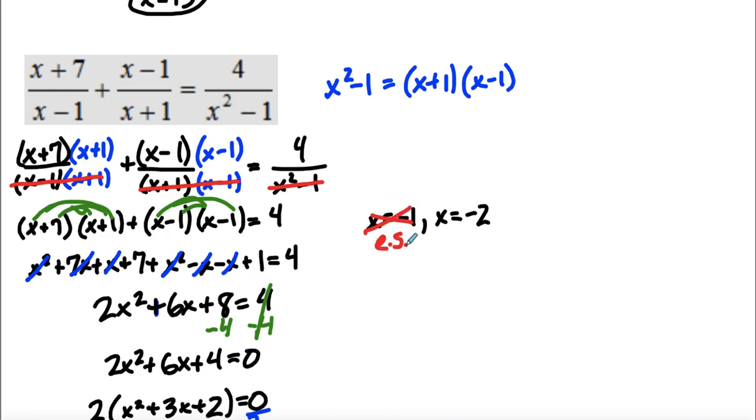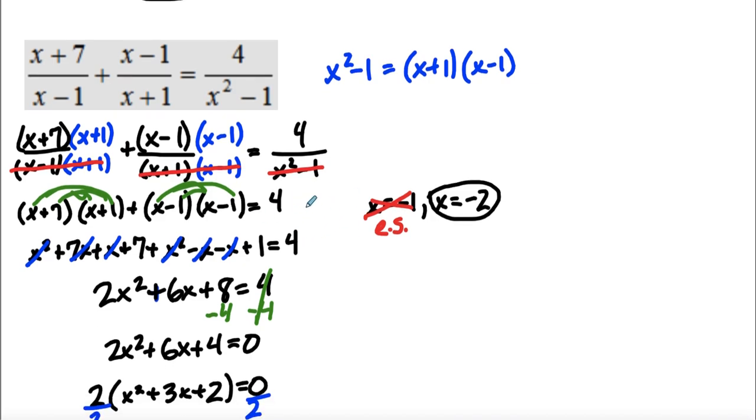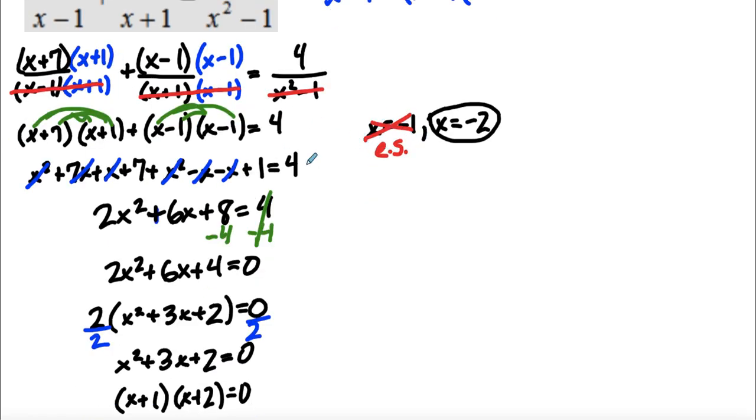We're going to cross it out and put ES. -2, we're actually good. That one works fine because it doesn't give me 0 anytime I plug it in. So that's x equals -2, and now we're done. There's actually only one solution that works, but you do want to notate the extraneous solution so that I know you got both parts there.